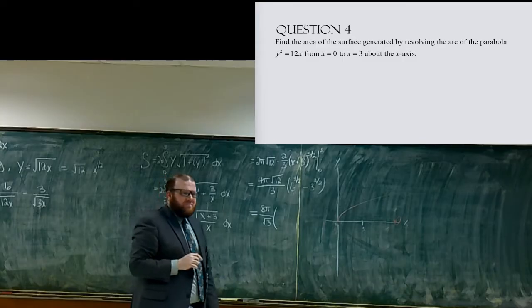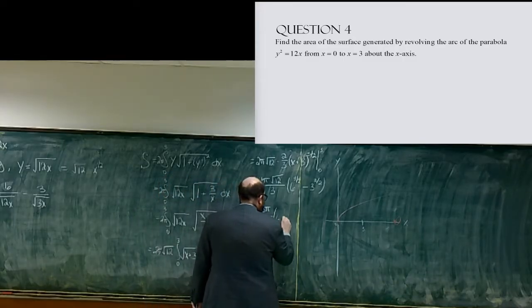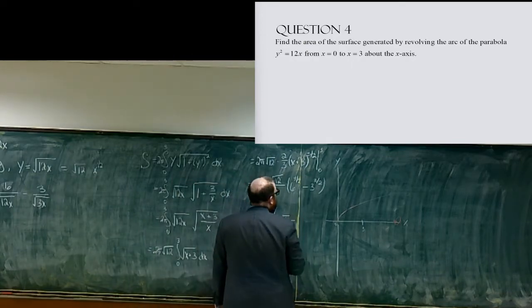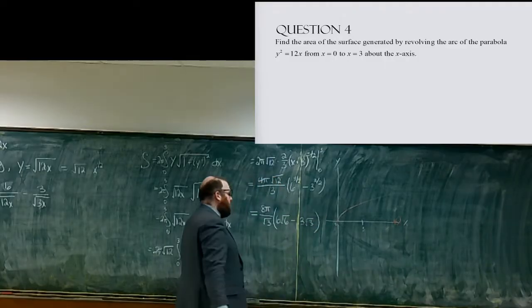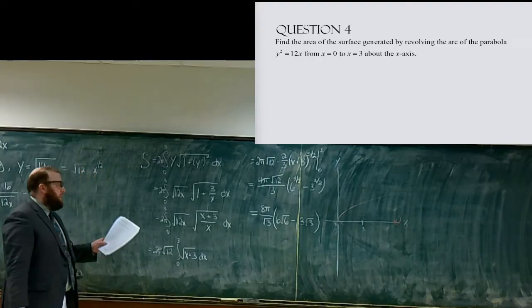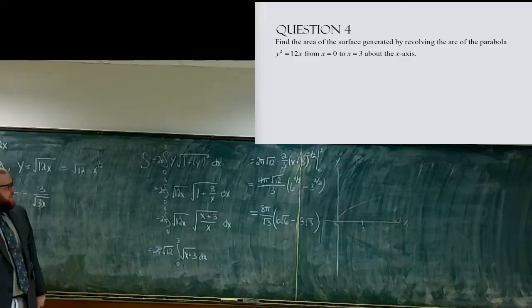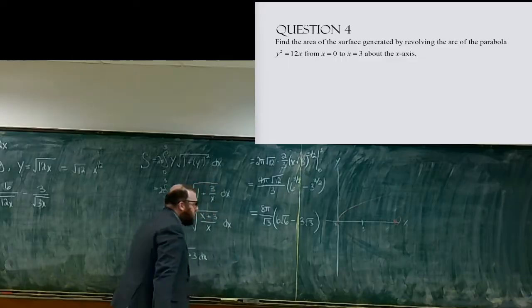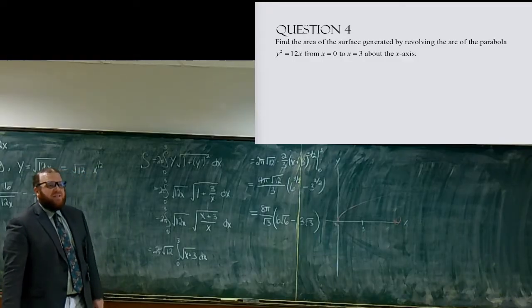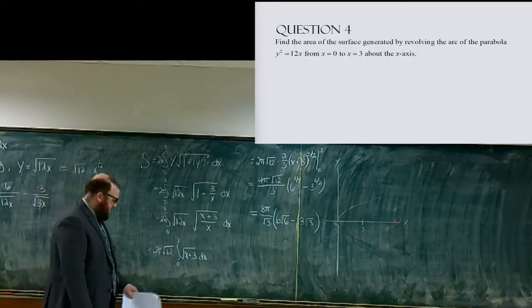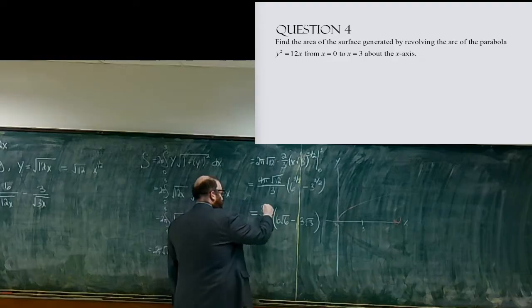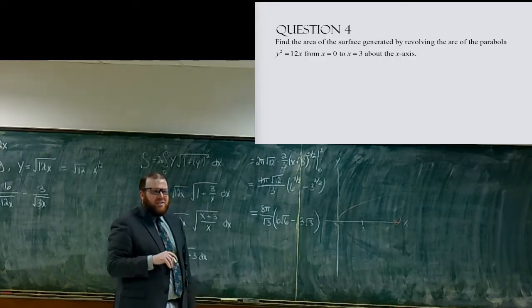6 to the 3 halves is 6 root 6, minus 3 to the 3 halves is 3 root 3. Can factor out a 3, right? So that'll give me 24 pi over root 3.